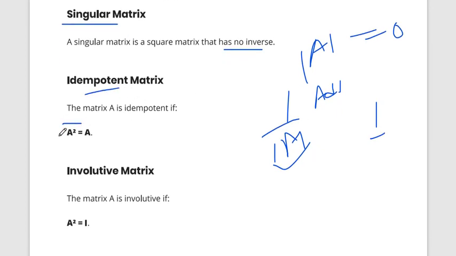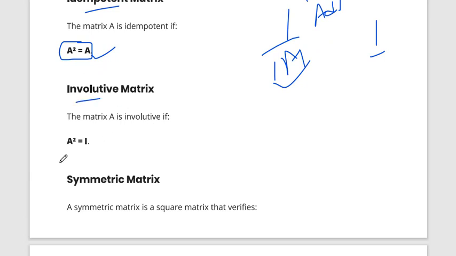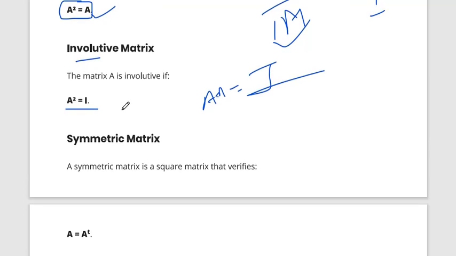Idempotent means the square of the matrix is the same as the matrix A. Okay, the square and A are the same. Involutive matrix means its square is equal to the identity matrix. If we multiply it with itself and the answer is the identity matrix, then it is called an involutive matrix.